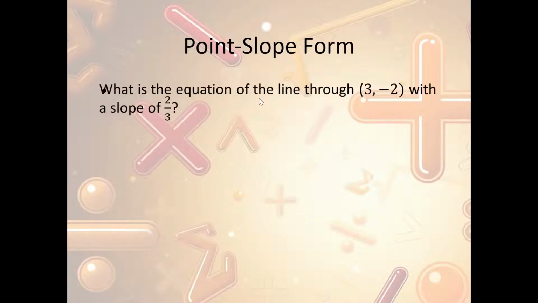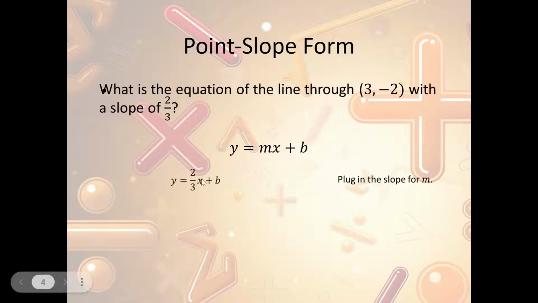So it says, what is the equation of the line through 3, -2 with a slope of 2/3? So first thing is we take our y equals mx plus b, and we're going to plug in what we know. We'll plug in the slope first. So the slope is 2/3. That goes in for m. So now this says y equals 2/3 x plus b.